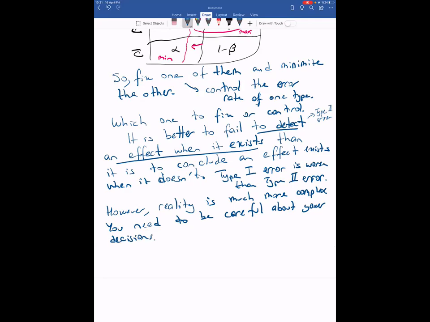Okay, so let's consider one example. Let's say we want to assess the strength of a new jet engine part. It is under consideration, so people's lives are raised on the strength of the part, right? And a false negative in this scenario, the type 2 error, merely means that the part is strong enough, but the test fails to detect it.